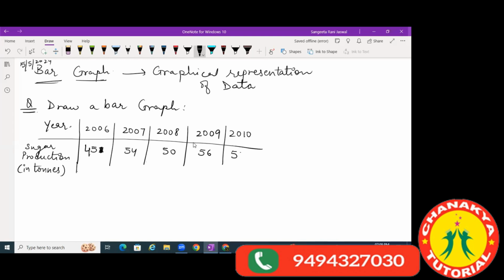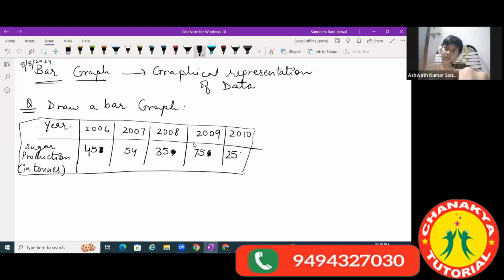These are all in the range of 50s. So I'm just taking different numbers. Okay, let's take 35 and let's take this as 75 and I'm taking this as 25. Just to show you the data so that you can see this clearly. If I keep all things very close, all bars will be of the same height.